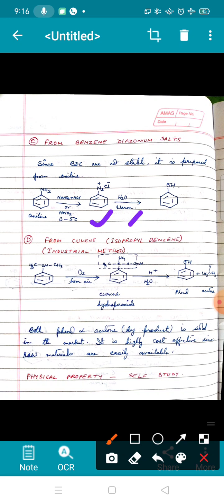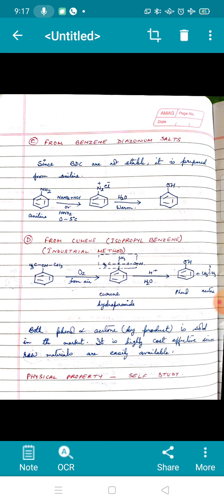The last method, that is industrial method, is from cumene. The cumene is actually isopropyl benzene, and IUPAC name is 2-phenyl propane. So cumene, when left in the open air, it undergoes oxidation from the atmospheric oxygen and it forms cumene hydroperoxide.